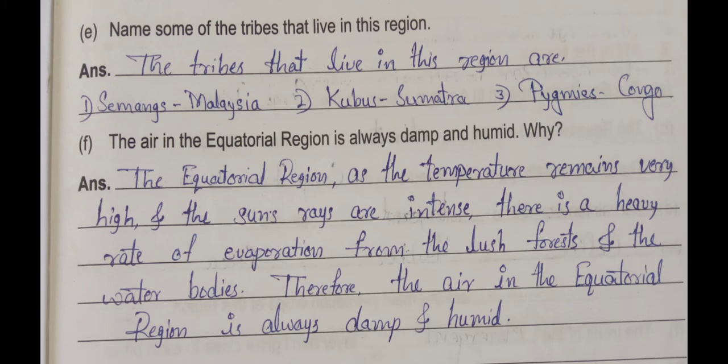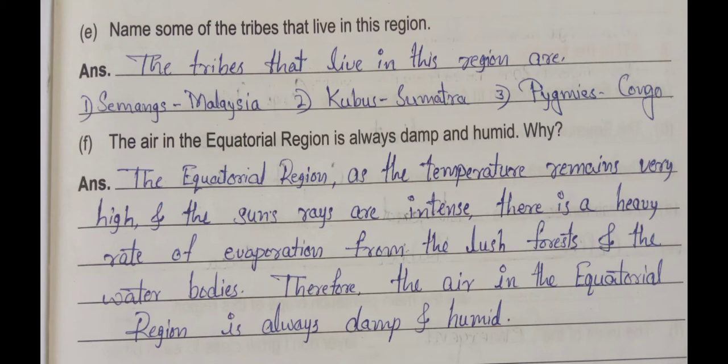Write the answer. In the equatorial region, as the temperature remains very high and the sun's rays are intense, there is a heavy rate of evaporation from the lush forest and the water bodies.